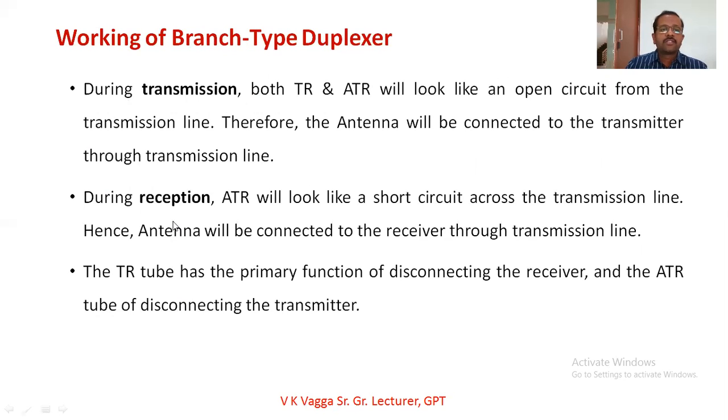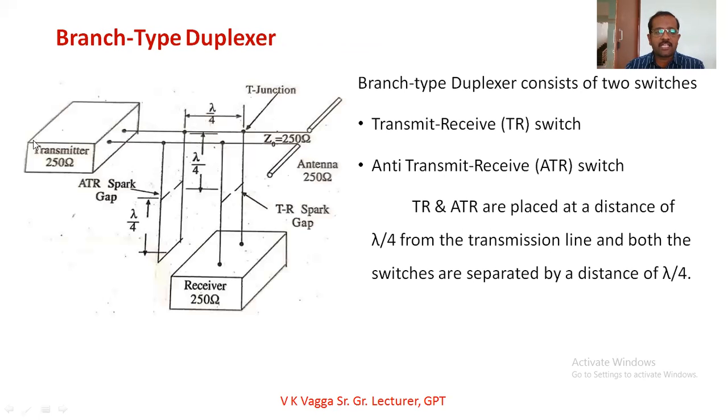During transmission, both the TR and the ATR look like an open circuit across the transmission line. Therefore the antenna gets connected through the transmission line. If the signal is to be transmitted, ATR and TR are open, so the signal from the transmitter moves to the antenna.